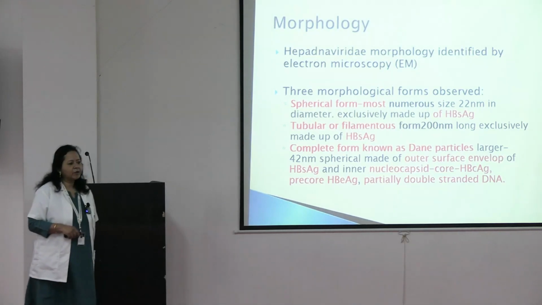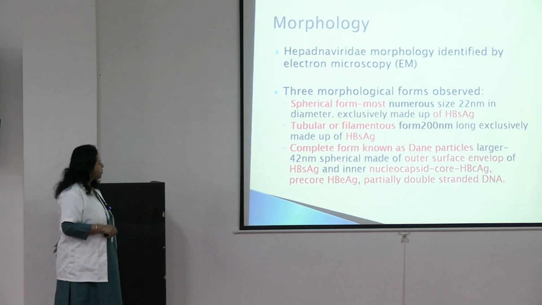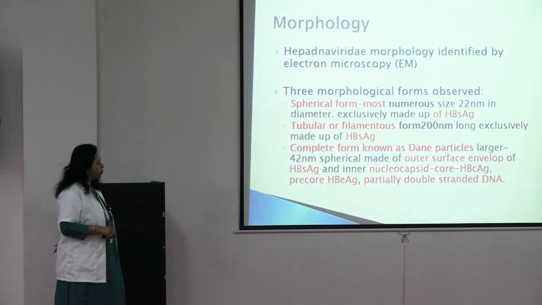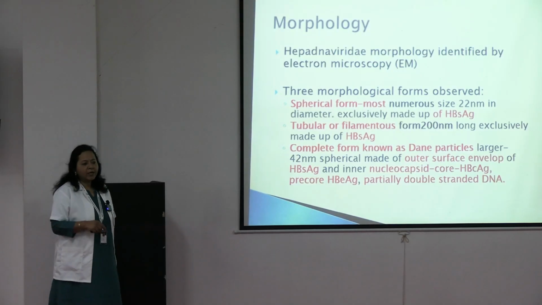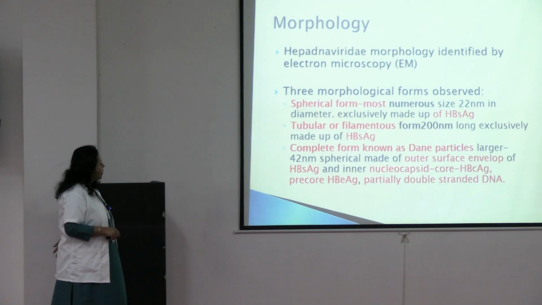This is the larger virus which you saw. It is 42 nm in size, spherical, made up of an outer surface envelope of HBsAg and an inner nucleocapsid core, that is HBcAg. C stands for core.